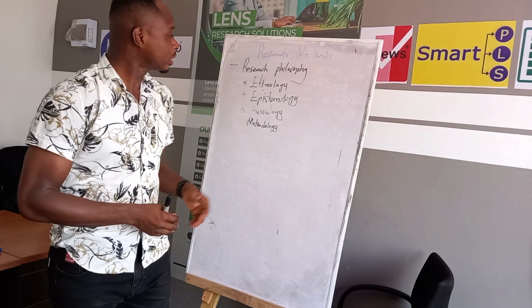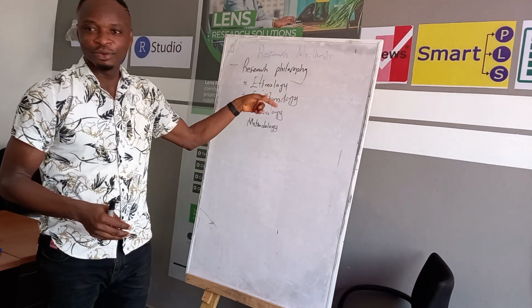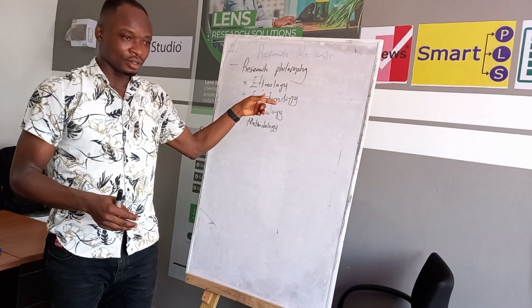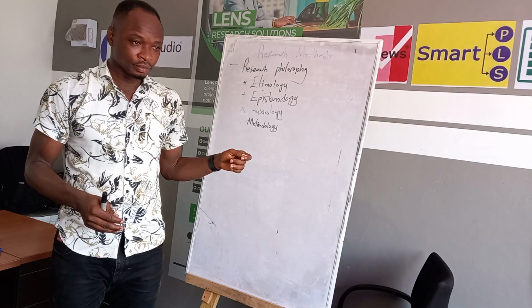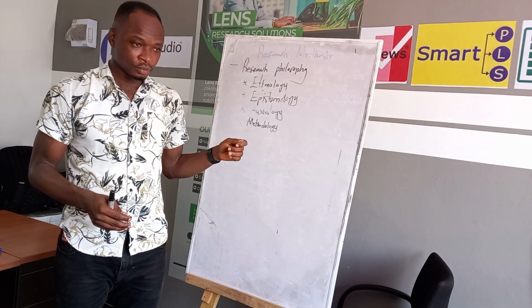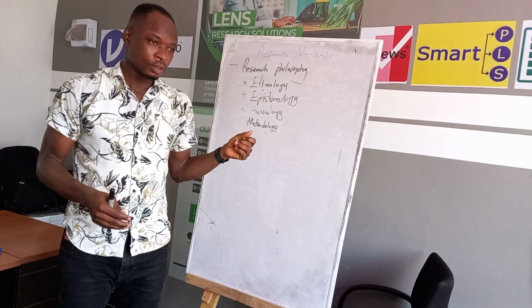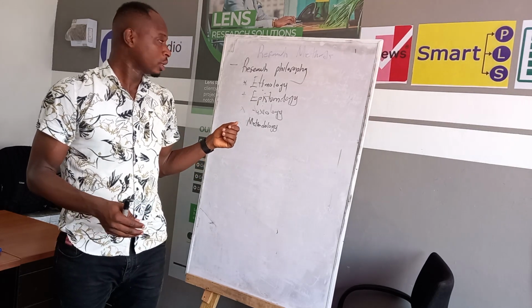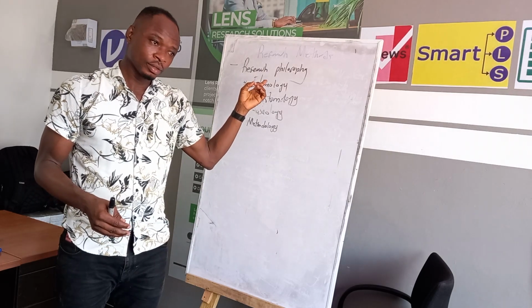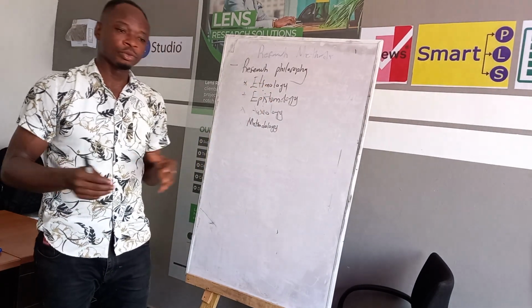So it is shared between these ones. So go and read about it. One view says that the truth is out there, that if we follow the scientific process, we can confirm the truth. That's where we get the positivist philosophy from.